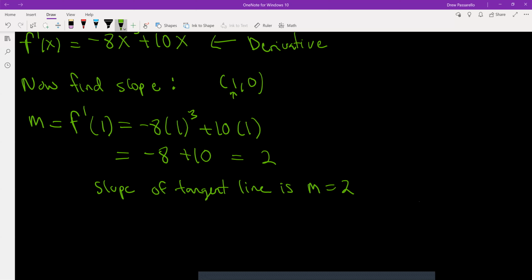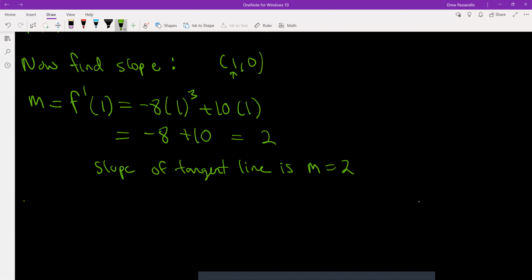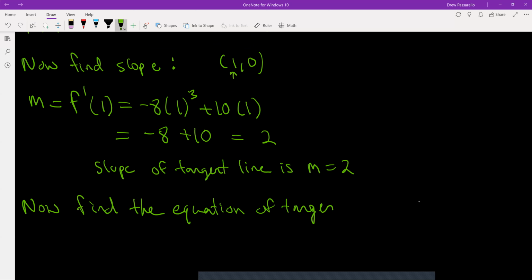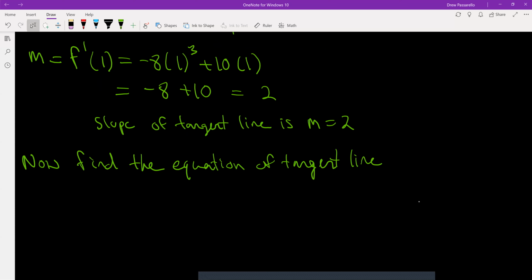All right, now I've got to find the equation. And you could do this two ways. The quickest way is to use point slope form.